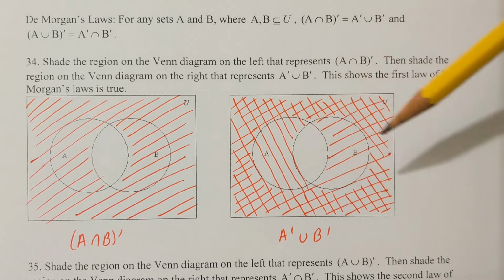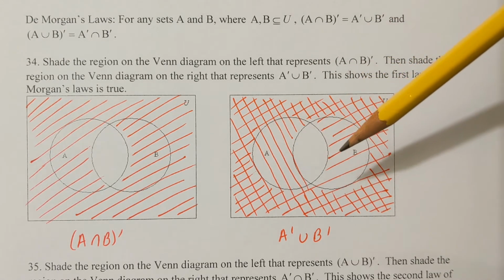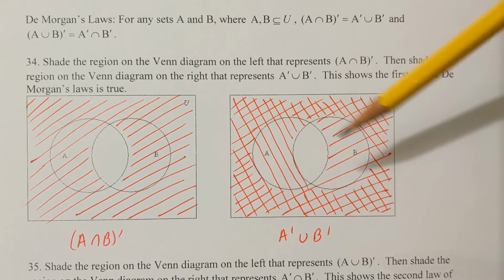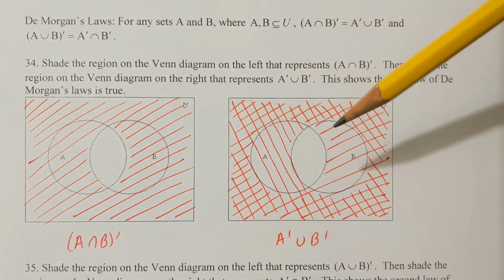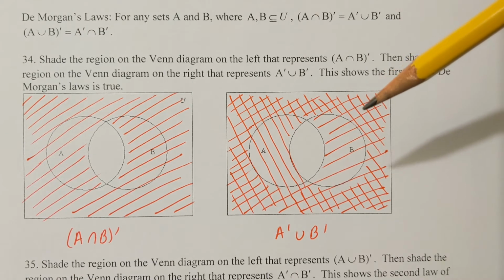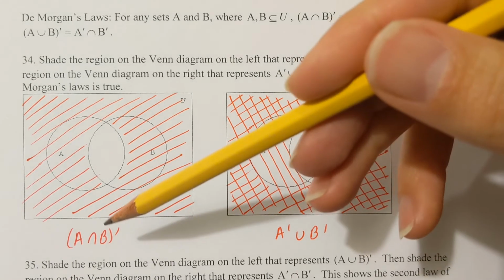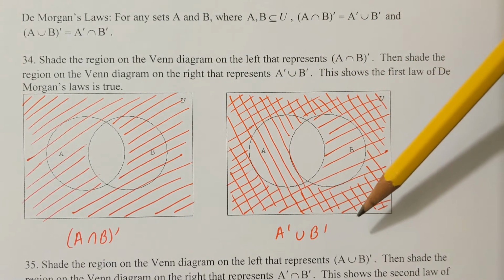So the question is, where do I have shading? Well, anywhere except for the overlap there in the center. And notice how what I have shaded here is exactly the same thing that I have shaded in the other picture. Okay, so that's a proof showing that De Morgan's first law is true. So A intersect B complement is equal to A complement union B complement.